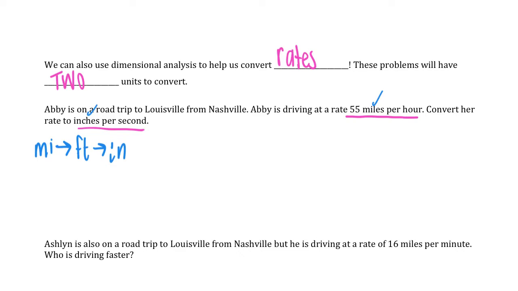You'll notice that we have another part that we have to convert, hours to seconds. So we're given hours. We can't directly go from hours to seconds. We have to go from hours to minutes to seconds. So we have two pieces that we have to take into account.